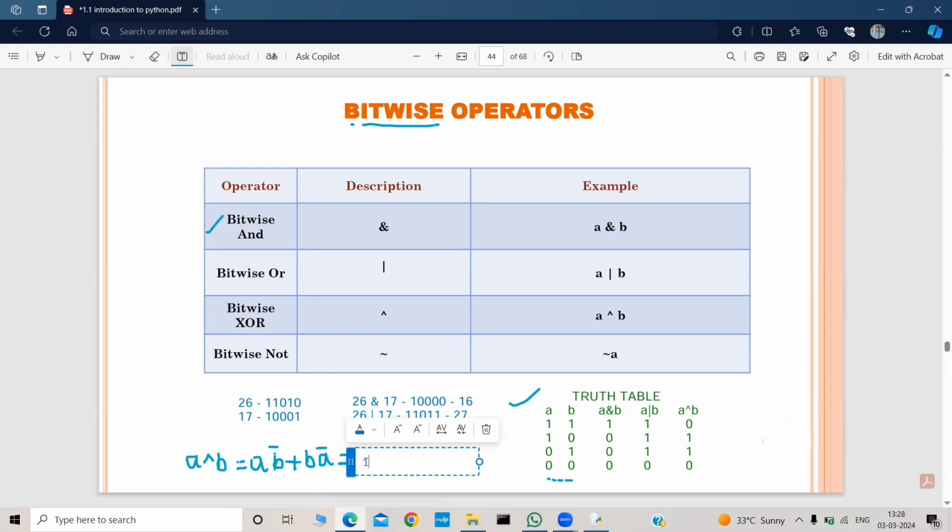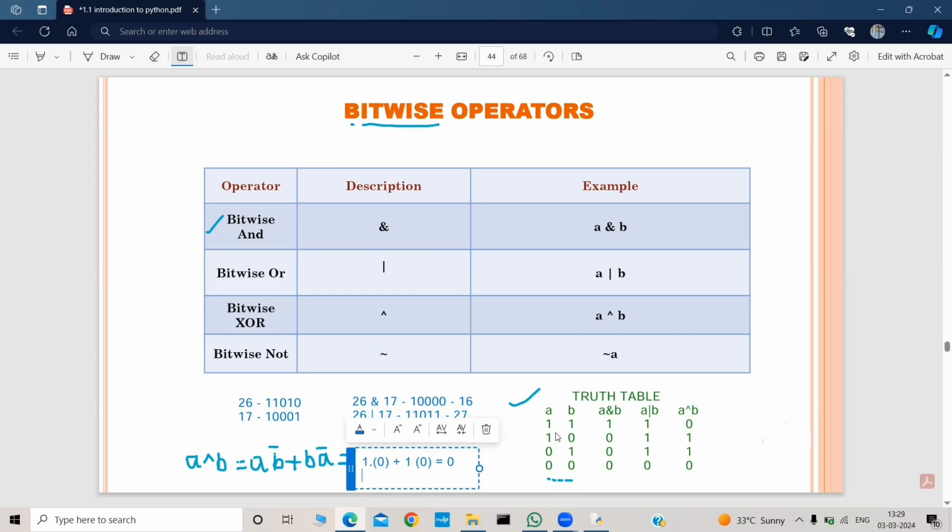My A will be 1 into B bar, nothing but B negation. So if I compute 0 bar, then it will be 1 and 1 bar will become 0. Okay. So B is 1, so B bar will be 0, plus B was 1 into A bar. A was 1, so A bar will be 0. So 1 into 0 plus 0 into 1 will be 0 itself.